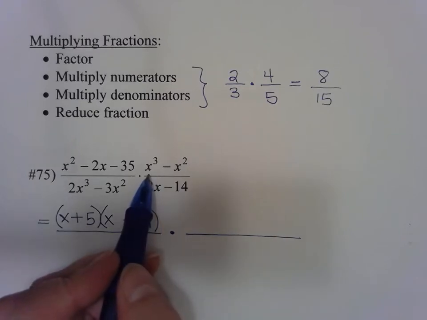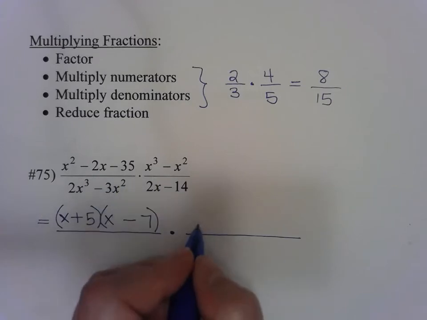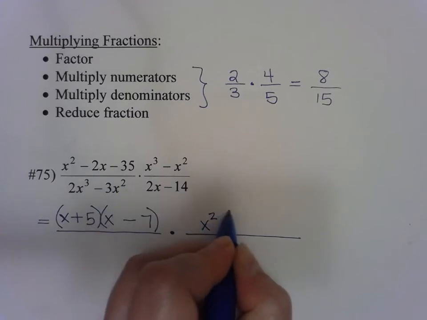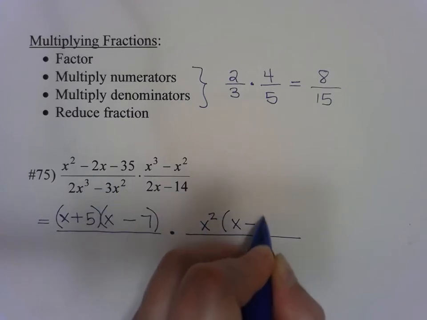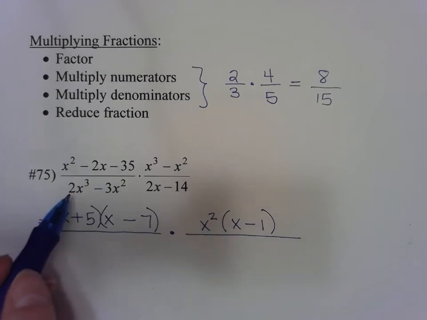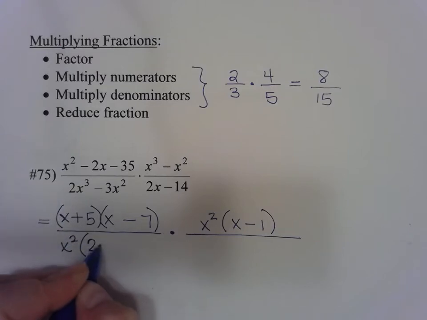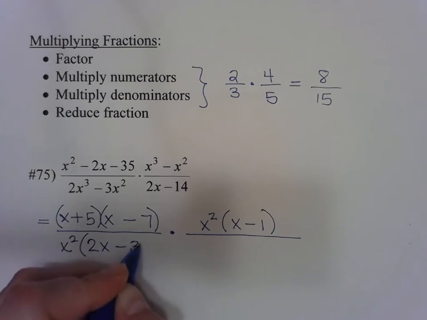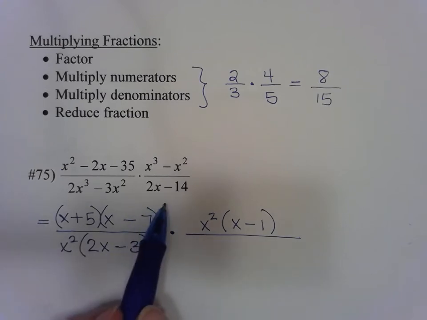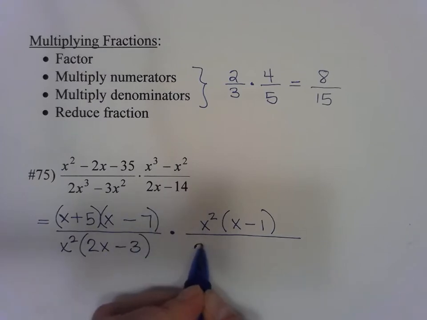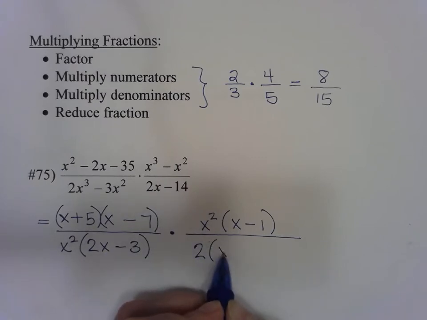All right, for the top of the second fraction, this is a GCF, x squared. For the bottom of the first fraction, also a GCF, x squared. And then the bottom of the second fraction, also a GCF, this time of 2.